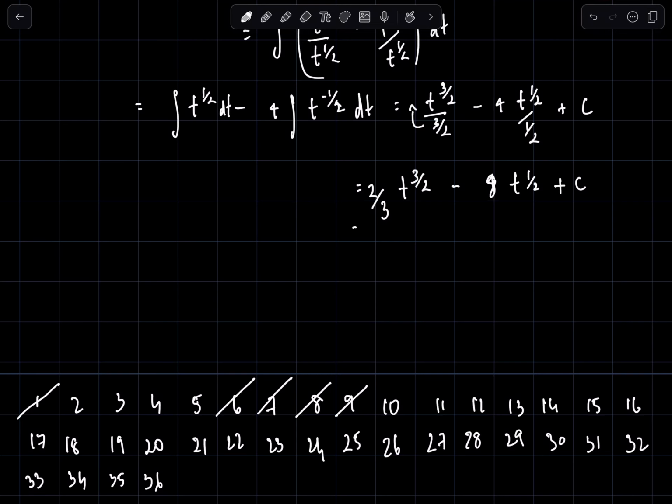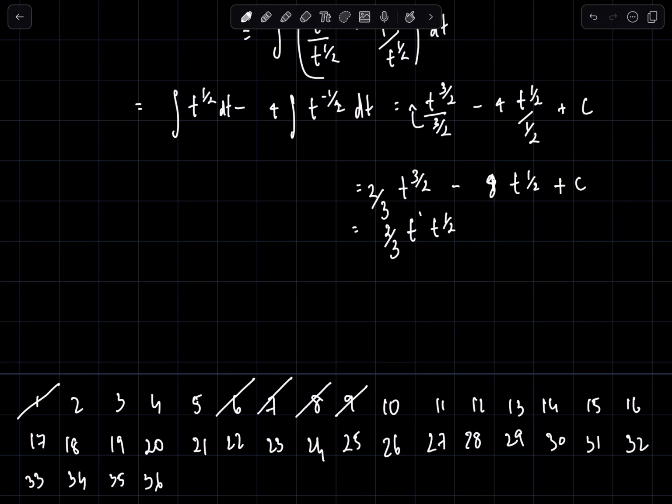Now what they did was, they did 2 by 3, and t raised to the power 3 by 2 can be written as, not t raised to the power 3, no, so how would you do this? t raised to the power 1 times t raised to the power half.